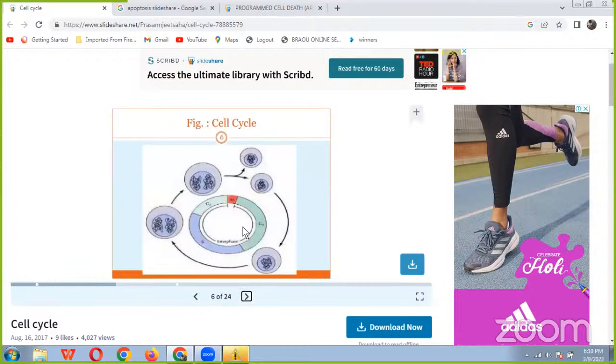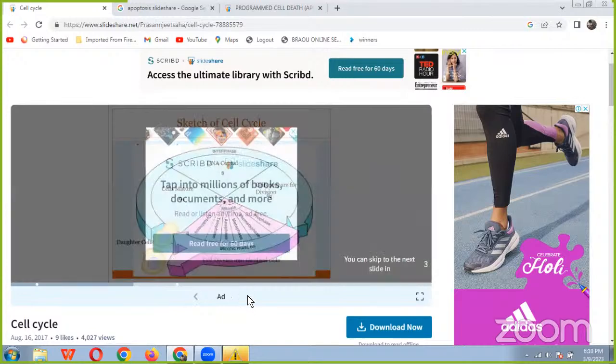This is the diagram of the cell cycle. G1, S phase, and G2 make up interphase. The mitosis, or M phase, is the other part. These are the diagrammatic representations of the cell cycle.